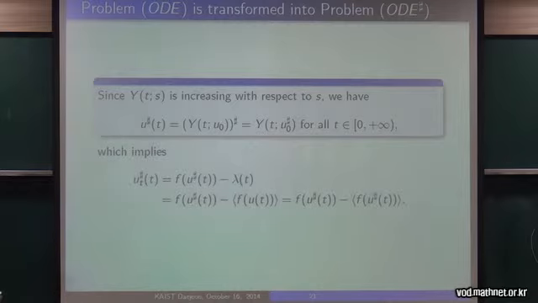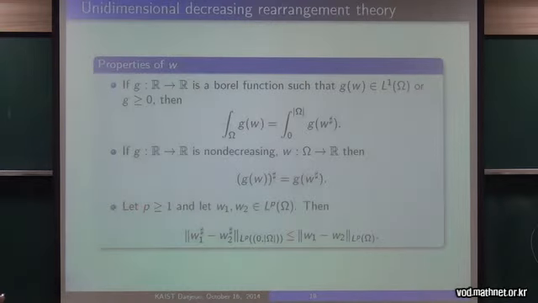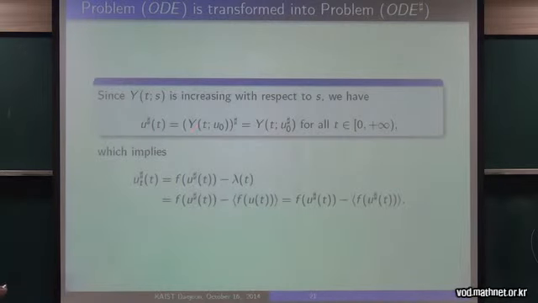Now let's recall this property. We have g non-decreasing, and we had that the rearrangement of g of w is g of the rearrangement of w. So we will apply it here. y is increasing with respect to s.